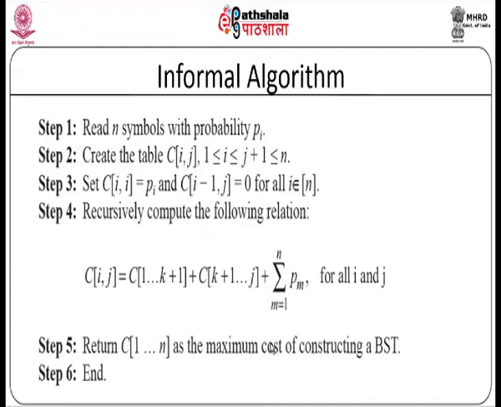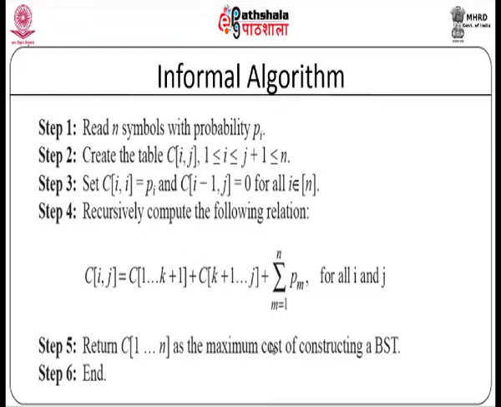The informal algorithm is: step 1, we read n symbols and all symbols are associated with a probability p of i. As I said earlier, as in dynamic programming we are going to construct a table C of i comma j, where every entry illustrates the minimum cost that is required to compute that particular BST.